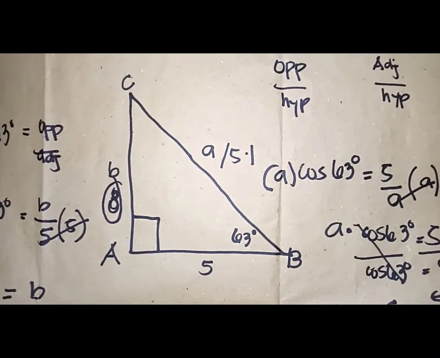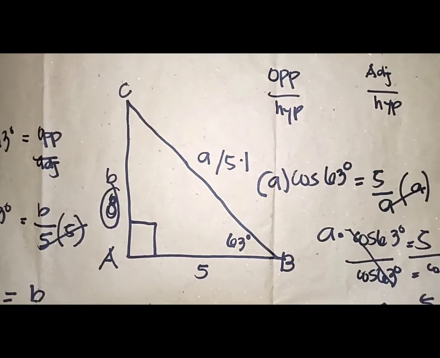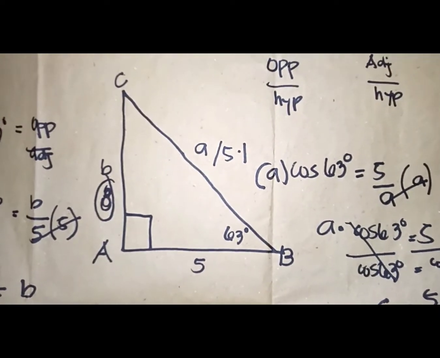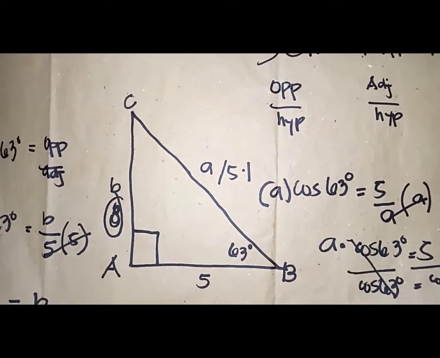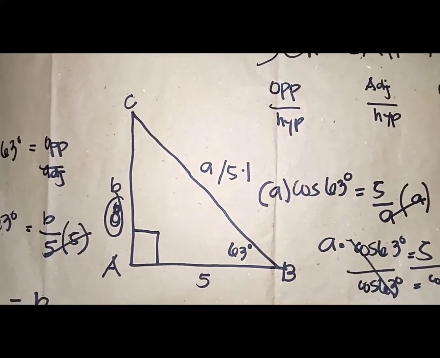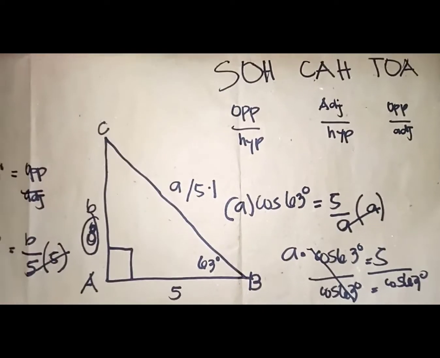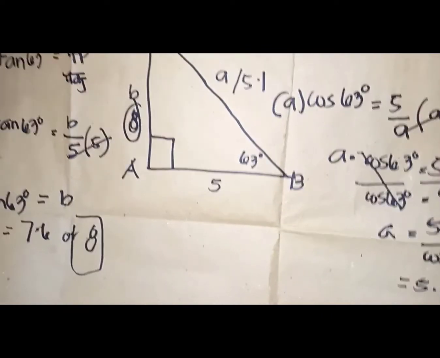And now, the last thing that we're going to do is to find the missing angle, which is the angle C. A is equal to 90 degrees and B is equal to 63 degrees. In finding the missing angle of the right triangle, you can choose between the SOHCAHTOA device or the Pythagorean theorem. For me, I prefer to use the Pythagorean theorem.